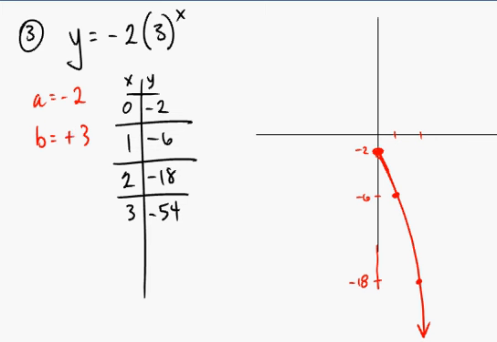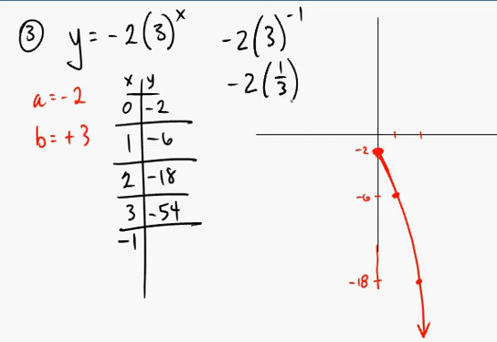Okay. What about, let's try some points over here, negative x's. X is negative 1. What's that going to look like? Negative 2 times 3 to the power of negative 1, which would be negative 2 times 1/3, which is negative 2/3, right?